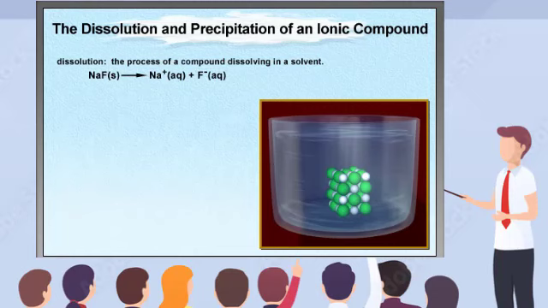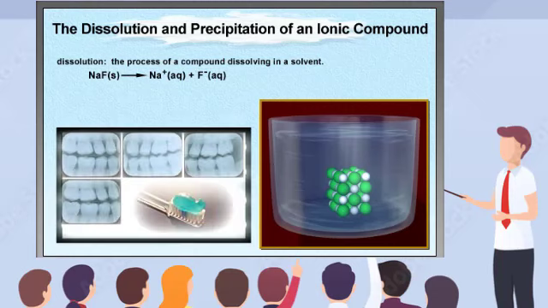Here you see the process of dissolution as sodium fluoride, a tooth decay preventative found in some brands of toothpaste, dissolves in water. At saturation, the solution contains a maximum number of ions, and the number of ions remains constant, although the ions constantly dissolve into solution. At the same rate, ions leave solution and return to the solid state.